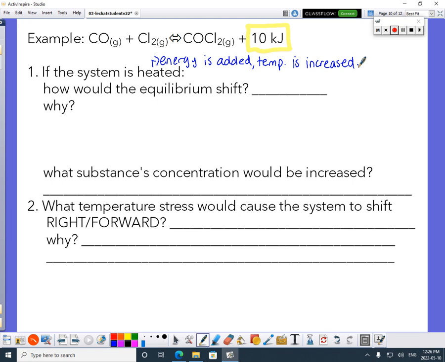So if the system is heated, energy is added, the temperature is increased, then the system needs to cool down. Which maybe doesn't compute in your brain. The system needs to cool down. How does it do that? So you could think of it like the system needs to decrease the energy.